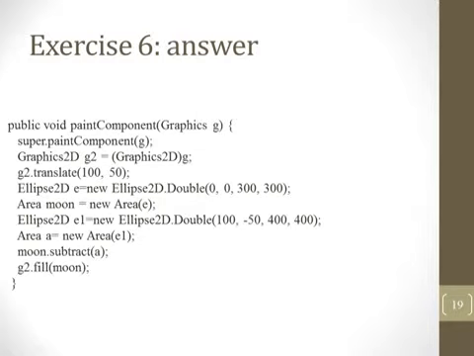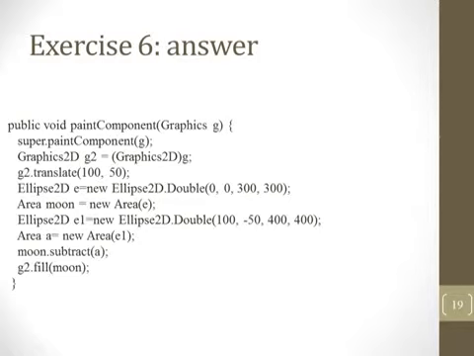First, to create the first ellipse, which is Ellipse2D e equals new Ellipse2D.Double for the upper corner 0, 0 and the width and the height of the ellipse is 300, 300, and then we declare an Area moon, which is a new Area, and here is another ellipse e1, which is a new ellipse.